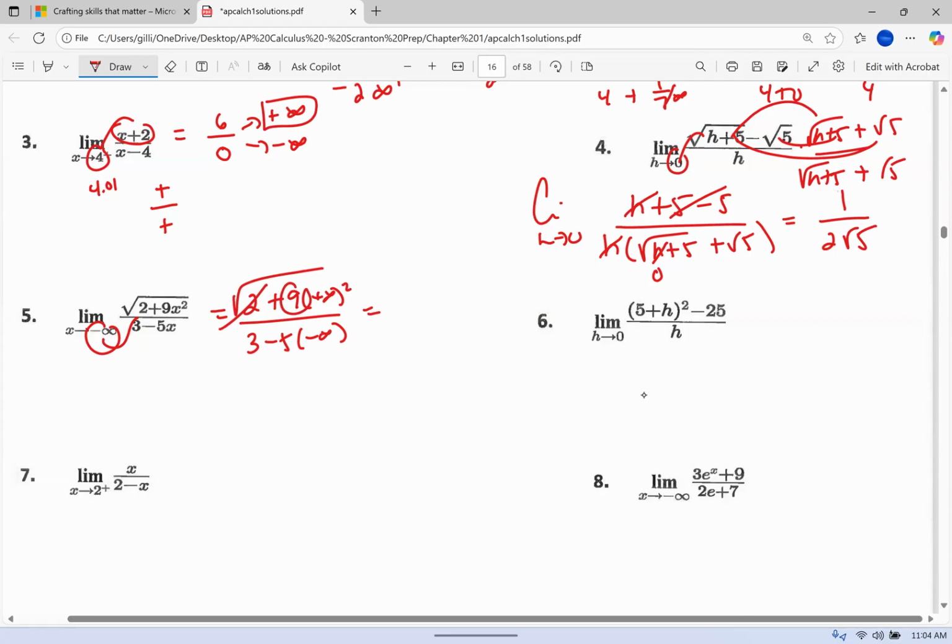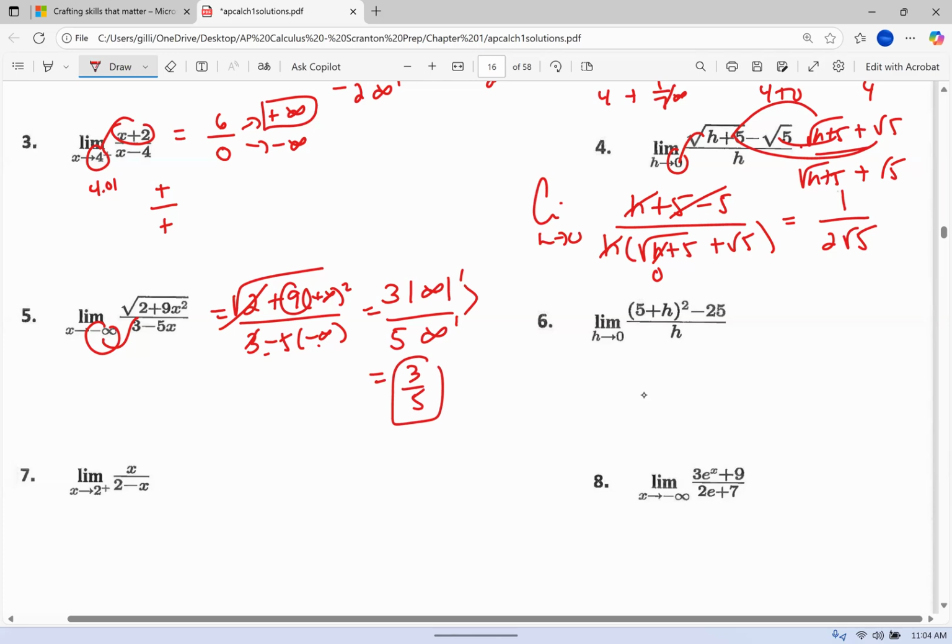The square root of 9 is 3, and the square root of infinity squared is the absolute value of infinity. A negative times a negative is a positive. So I'm going to be left with an infinity to the first over infinity to the first. It's going to be a tie, so it's the top over the bottom, which is 3/5.